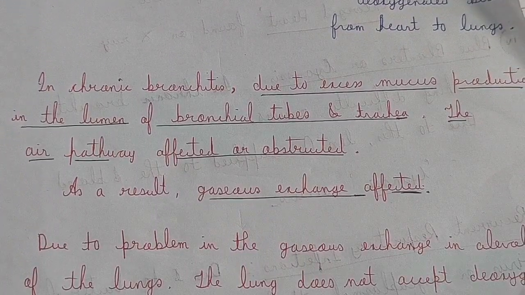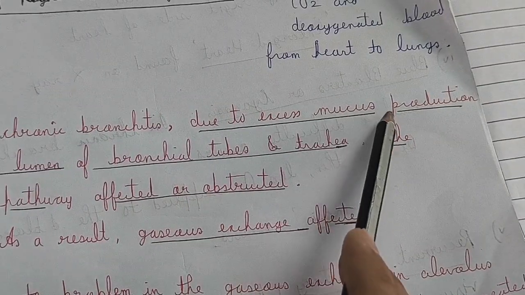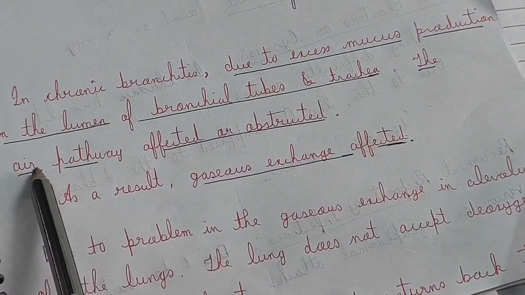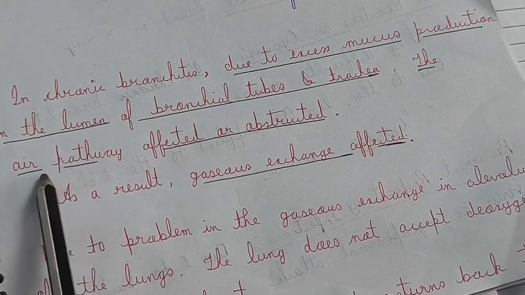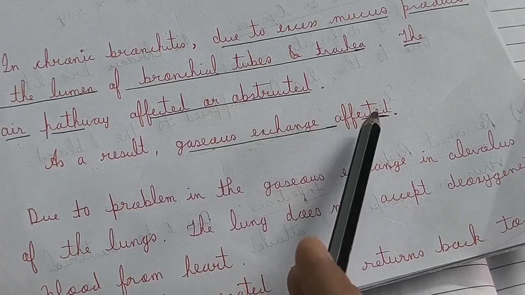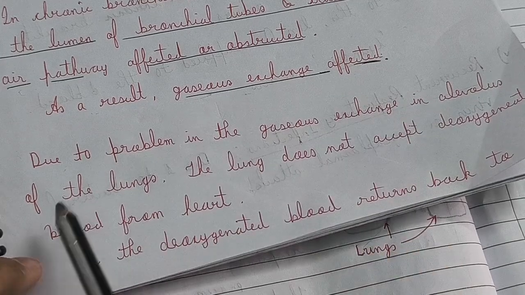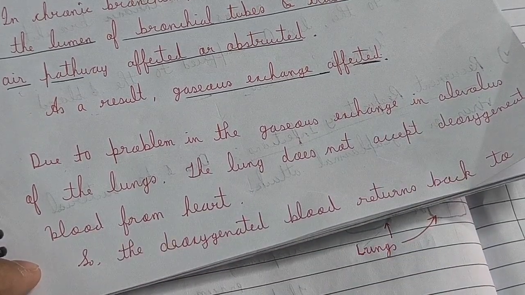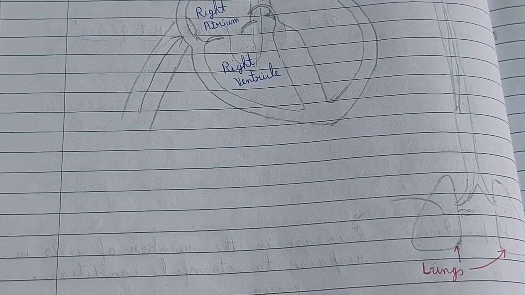Now let's discuss chronic bronchitis. As you know, in chronic bronchitis excess mucus is produced in the lumen of the bronchial tubes and trachea, and this obstructs the air pathway. As a result, gaseous exchange is affected. Due to this problem, the alveoli of the lung do not accept deoxygenated blood from the heart.